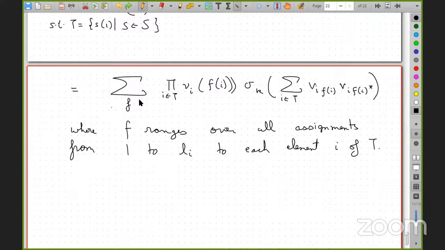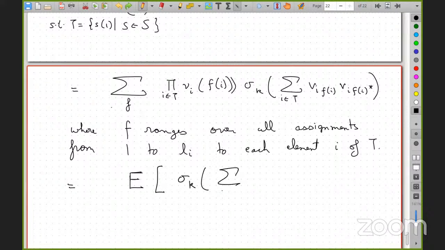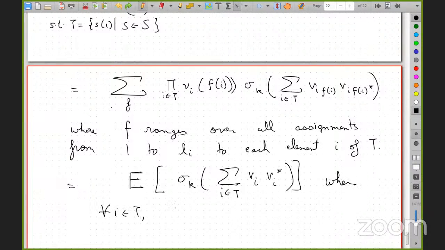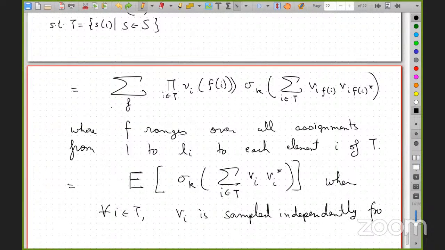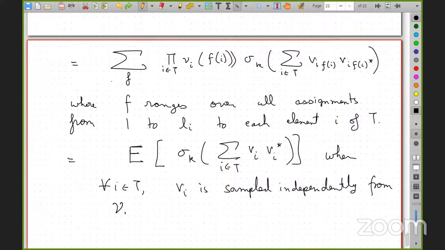So this is exactly equal to the expectation of sigma k of the summation over i in T of v_i star, where for every i in T, v_i is sampled independently from nu_i. Right, so this is by definition just that.